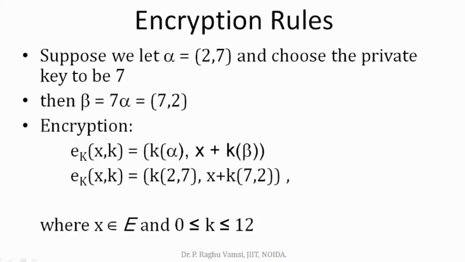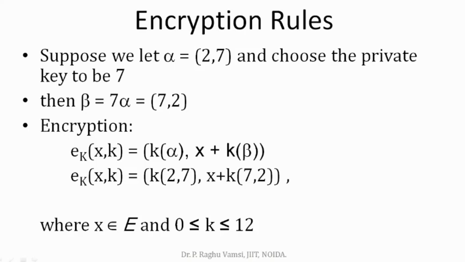So the public keys are the points that are generated on the elliptic curve. While coming to the encryption, suppose we have a point alpha equal to 2 comma 7. Recall, this is the point that we have already got via the elliptic curve that we have chosen. From that only, this 2 comma 7 we have to pick up.